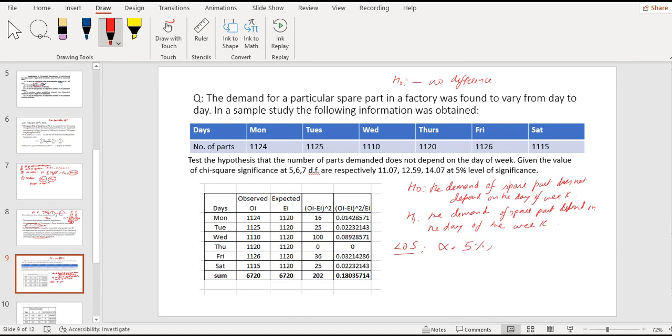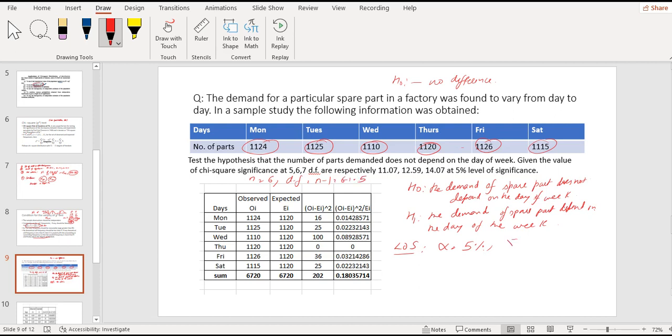And how many observations are given here? This is a week: 1, 2, 3, 4, 5, 6. Except Sunday, all the weekdays are considered. So the value of n is 6. If n is 6, then the degree of freedom is n minus 1, which means 6 minus 1, so 5.